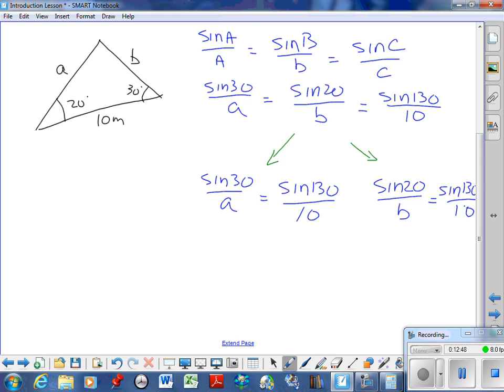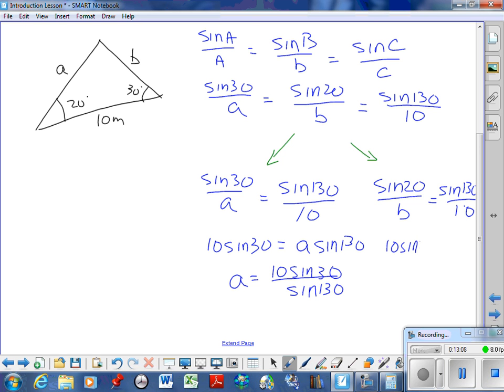Isolating for A here, so if I do the cross multiply, I get 10 sine 30 equals A sine 130. So that means that A is equal to 10 sine 30 over sine 130. And B, same thing, 10 sine 20 is equal to B sine 130.